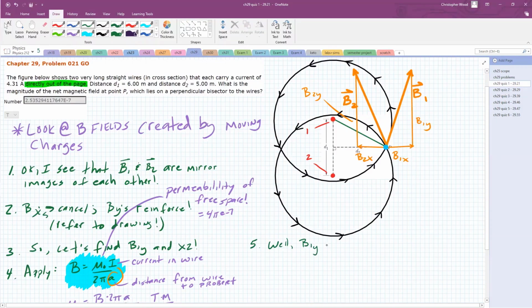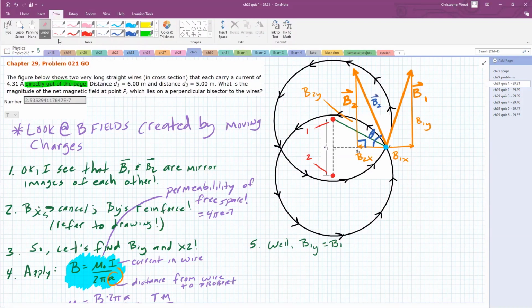B1y, once I get B1y, I'm going to double it, equals B1, and then I'm looking for an angle here. What would be a good angle to deal with? Maybe this angle here. I'm going to call this theta. So here's my right angle triangle, because I know the x and y components are perpendicular. This again is the B2 vector.